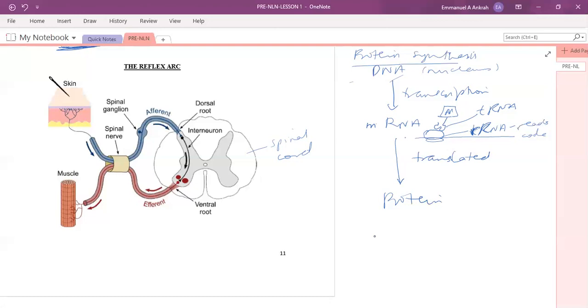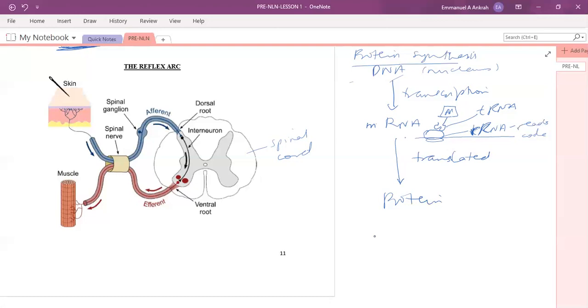So we are breaking down protein. In other words, what's the basic unit? A, amino acids. Correct. So the basic unit of protein is amino acid.